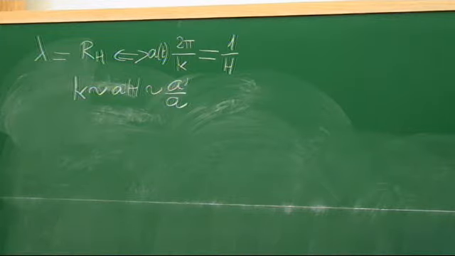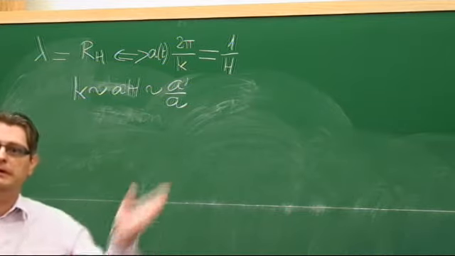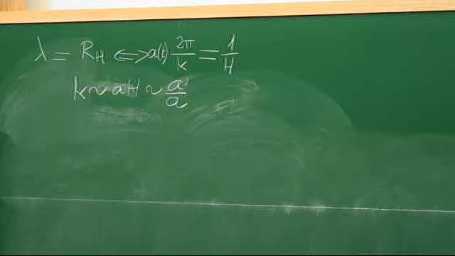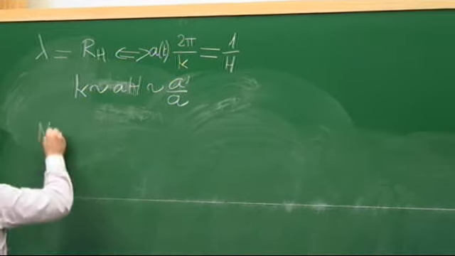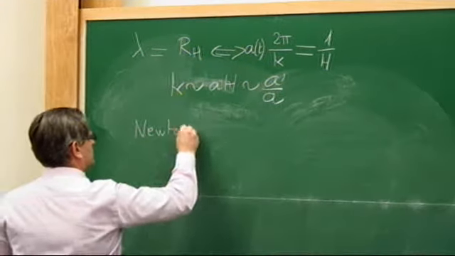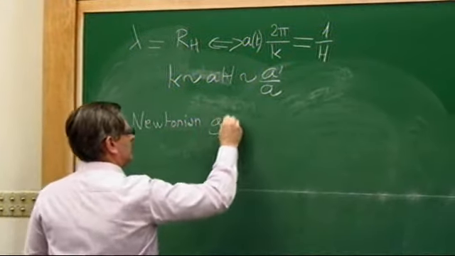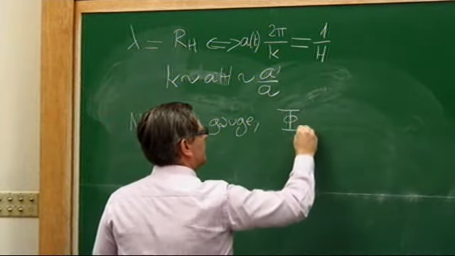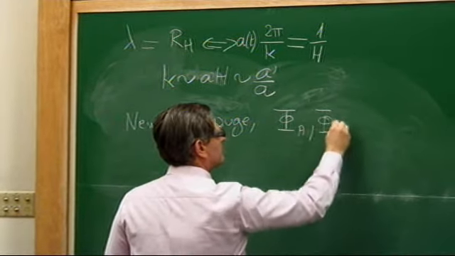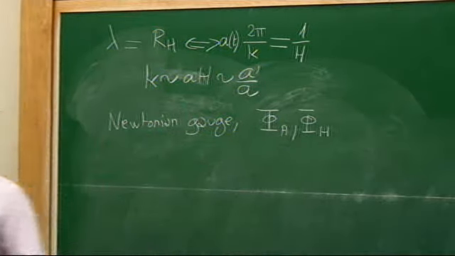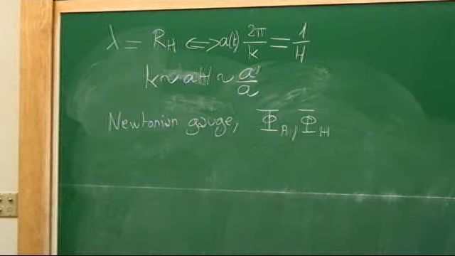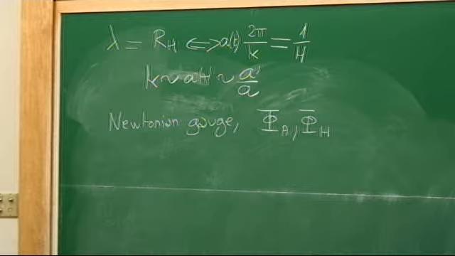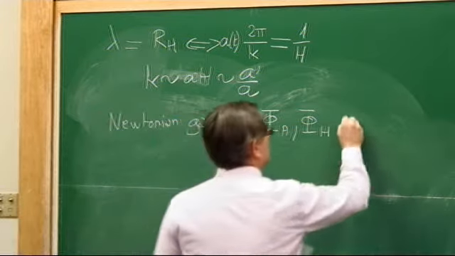Coming back to the Newtonian gauge, it has another practical advantage apart from being diagonal, which makes lots of calculations easy. It's the fact that in the Newtonian gauge, the two Bardeen potentials, Φ_R and Φ_H, which are in general combinations of φ, ψ, μ, and B, simply read φ and ψ.